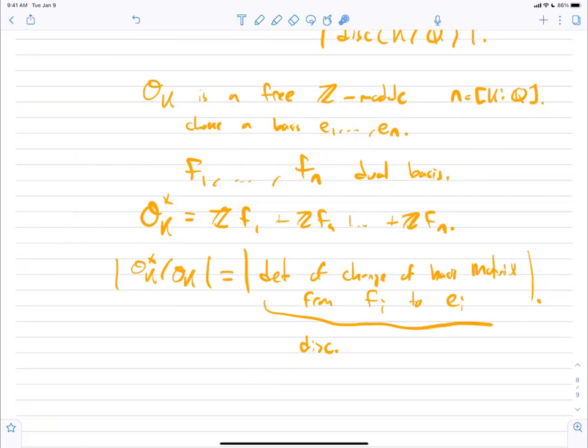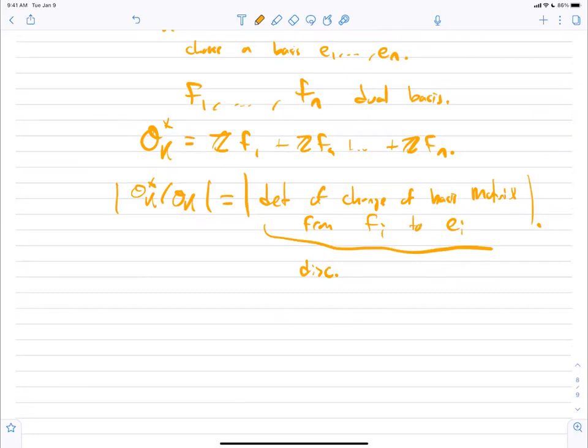Again, this is going to be an exercise. But this is the discriminant, and we can write down this matrix. This is just the determinant of the matrix of trace of E_i E_j, for any basis.